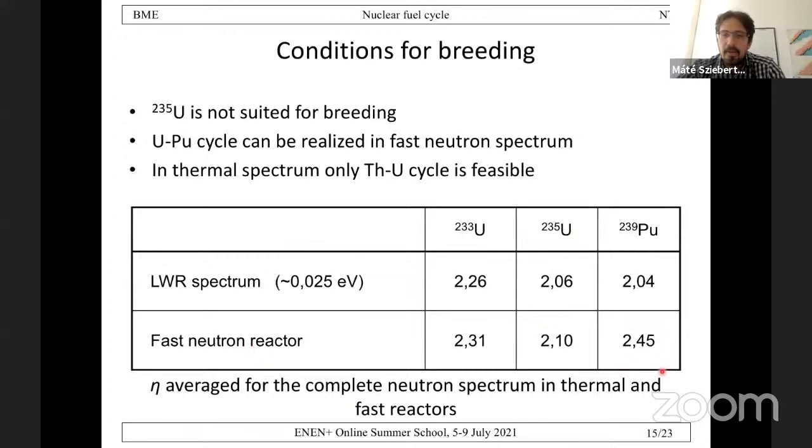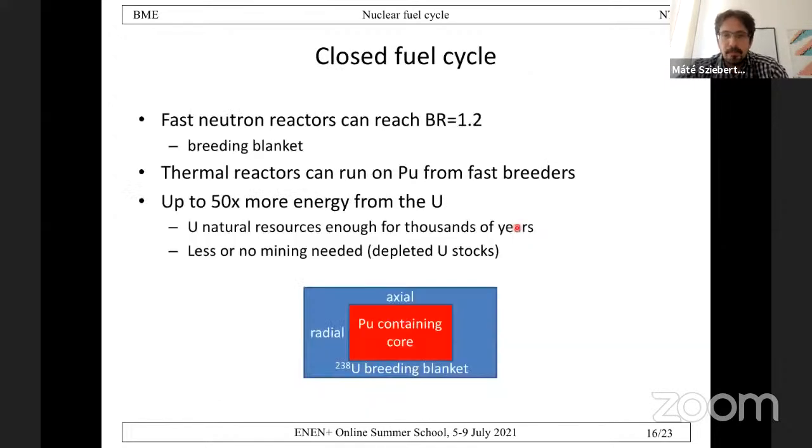This table also emphasizes this, that with plutonium-239 in a fast neutron reactor, you get the larger number of nu, which is significantly above 2. The other cases are around 2, and also with uranium-233, you have numbers larger than 2. So this is why the thorium-uranium cycle is also feasible.